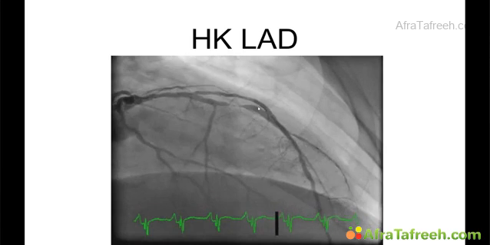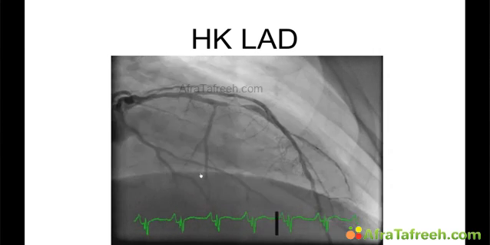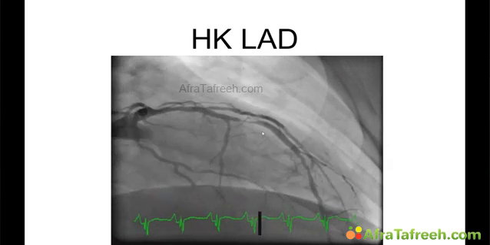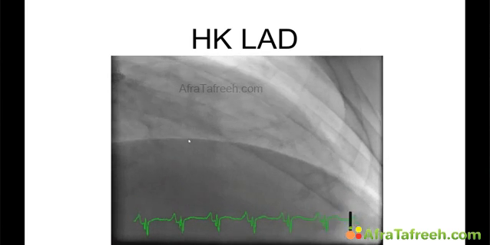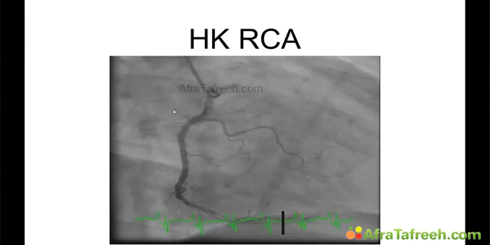See, this is a very significant stenosis, but there's also another stenosis. If you look more closely, you can see that the circumflex has a stenosis here as well. So one thing is for sure, the patient has multivessel disease, and the LAD is involved, and the circumflex is involved. Now, what about the right coronary artery? Okay. Surprise, surprise.